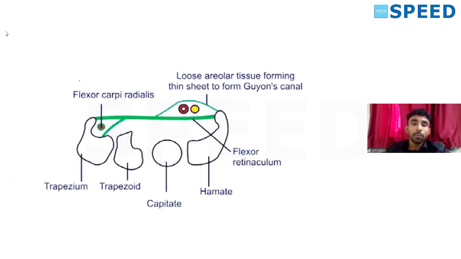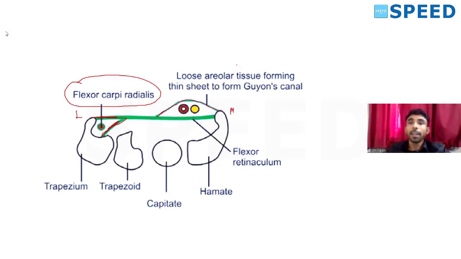And I want you to remember one more thing. As I told already, the flexor carpi radialis tendon, FCR tendon, passes between the 2 slips of the flexor retinaculum. And also remember, on the medial side, the flexor retinaculum will divide again into 2 slips to form one tunnel called Guyon's canal.